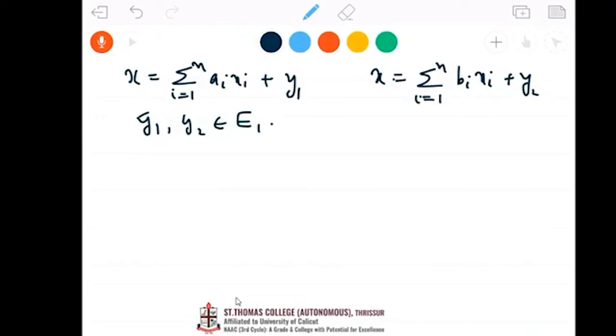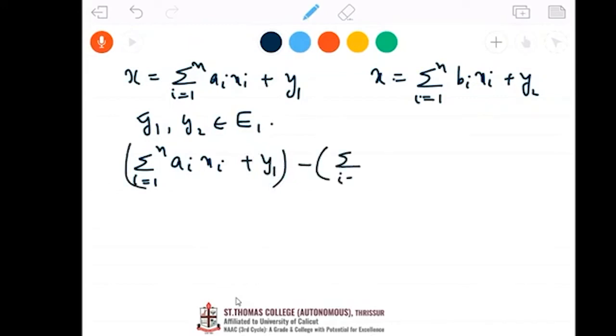So, both of these expressions represent the same element x. Therefore, we can say that summation i equal to 1 to n aixi plus y1 minus summation i equal to 1 to n bixi plus y2 is equal to 0.